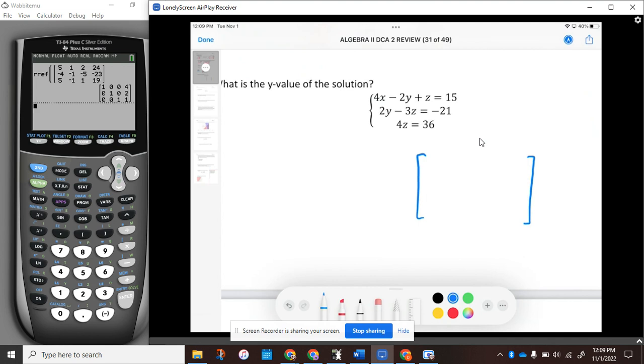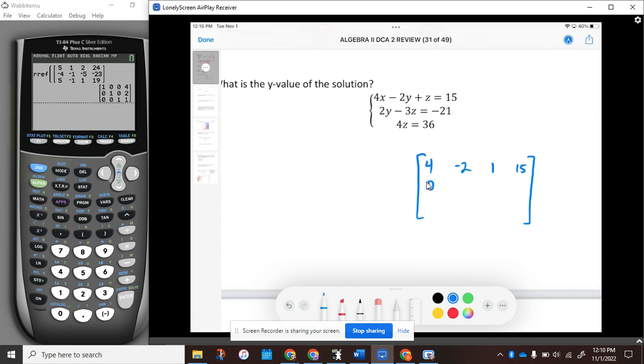So the top row of this matrix is actually going to end up being pretty easy. You just got 4 and -2 and 1 and 15. Okay, just going straight across the x, the y, the z, and the constant. What is missing from the second equation? There's no x, right? So what do we automatically know has to go in this spot right here? You have to have a placeholder 0 to go right there.